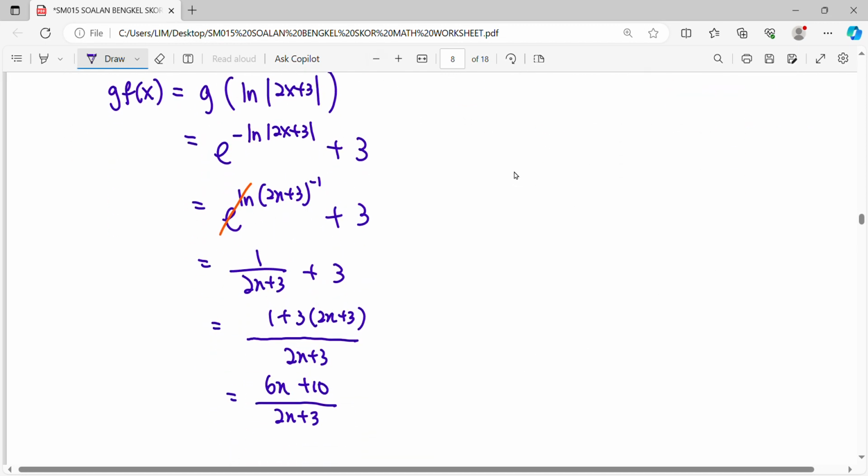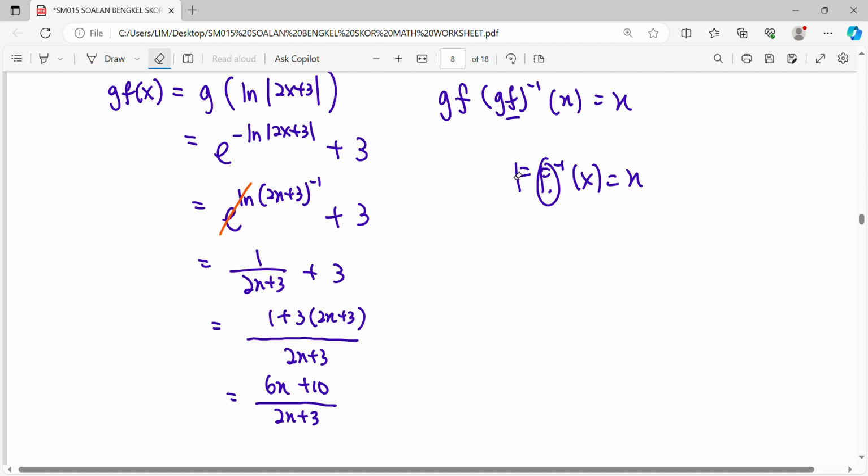To find the composite inverse, gf inverse, we use the composite method. (gf)(gf inverse)(x) will be equal to x. Same concept as f(f inverse) equals x, because that is what we were finding previously with f. So now it's gf. So the composite method will be gf of gf inverse equals x. What does this mean? We substitute gf inverse into the function of gf.